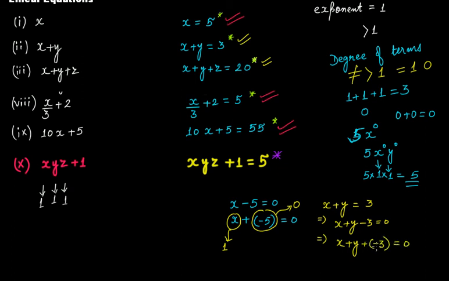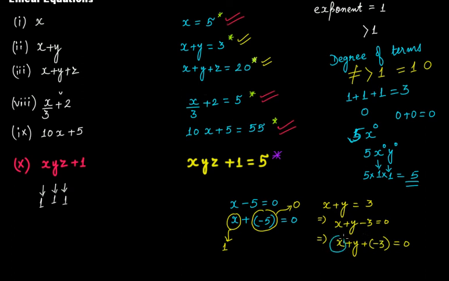If you're wondering why I am putting this minus within the bracket, we know that terms are always positive, and we have discussed all these things in detail. If you haven't learned all these things, I recommend you go to the playlist class 7th mathematics and check the algebraic expressions. So this is x plus y plus minus 3 is equal to 0.